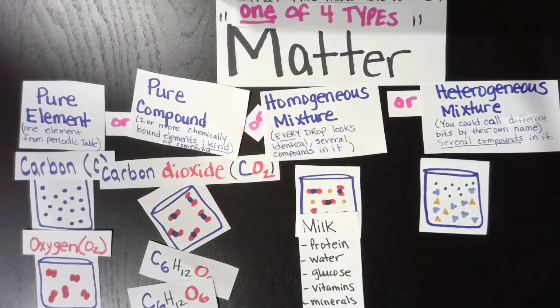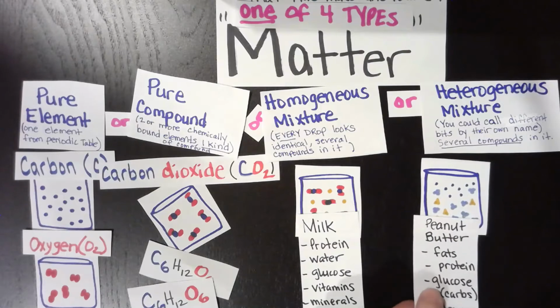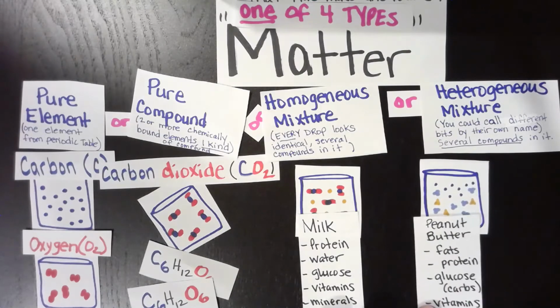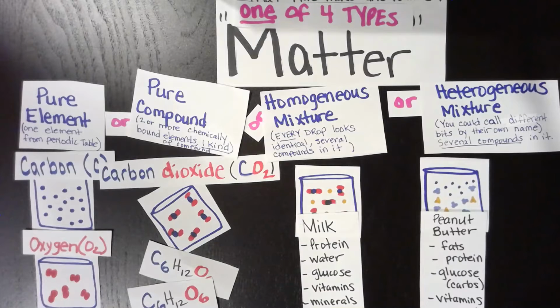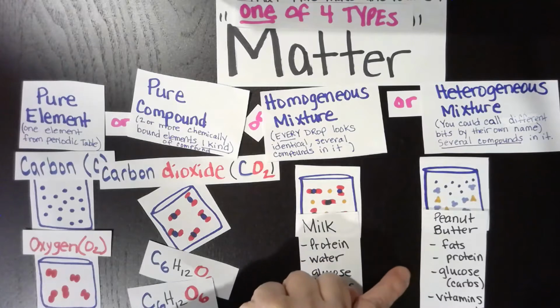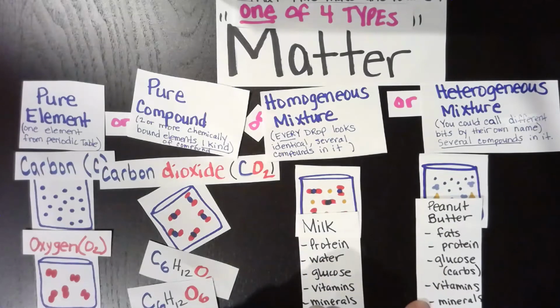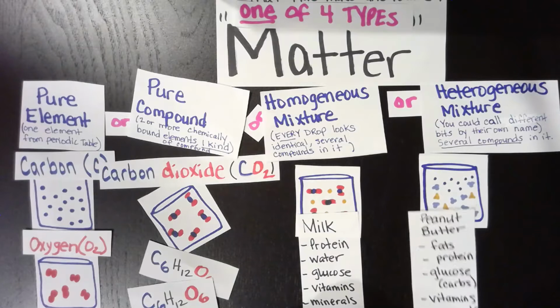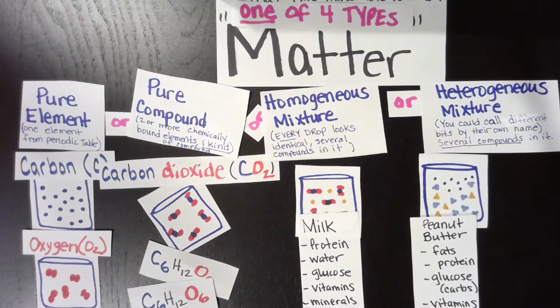So here's my example, and I give the example of peanut butter. Peanut butter, like milk, has many compounds in it. We give it one name, peanut butter, but peanut butter actually has fats, protein, glucose in the form of carbs, vitamins, minerals. But peanut butter oftentimes is not a homogeneous mixture.